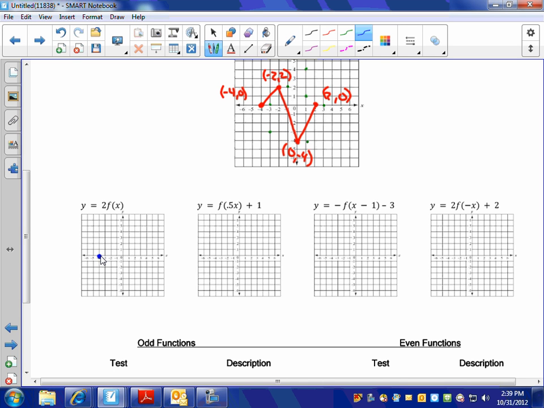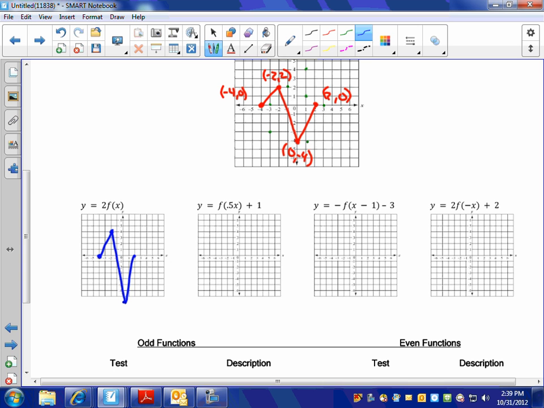Instead of -2, 2, I will have -2, 4. Instead of 0, -4, I have 0, -8. Instead of 2, 0, I still have 2, 0. And then I connect my dots.